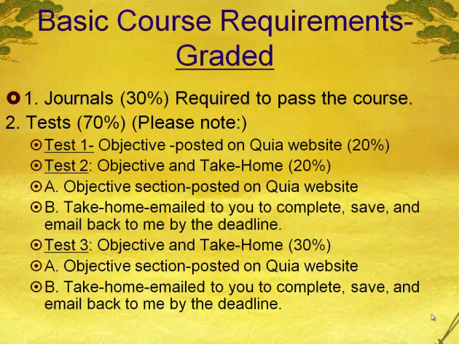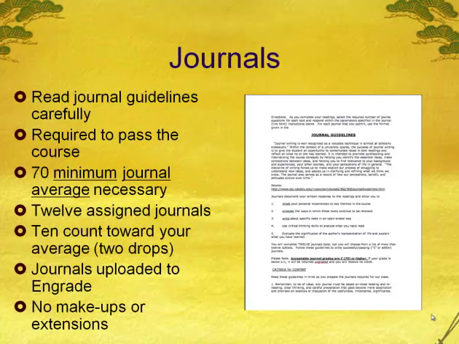An objective section is posted on the KIA website, and the take-home will be emailed to you to complete and save. You won't email it back to me; you will upload it to InGrade, and that's also on your calendar. Test 3 is the same: you will have an objective section posted on the KIA website, and you'll have a take-home emailed to you that you will complete, save, and upload onto InGrade by the deadline.